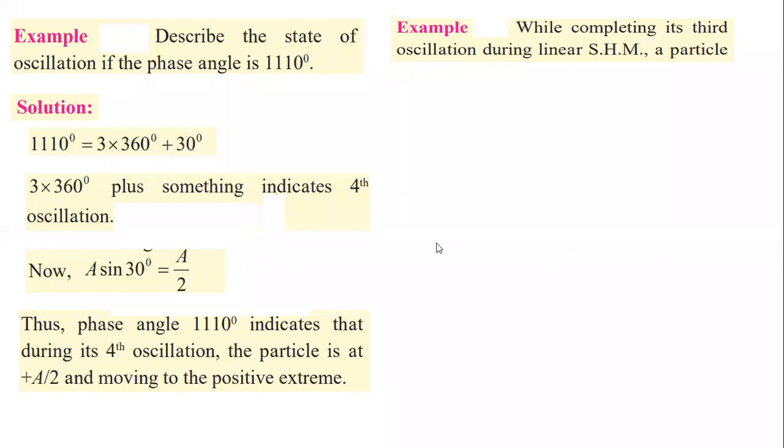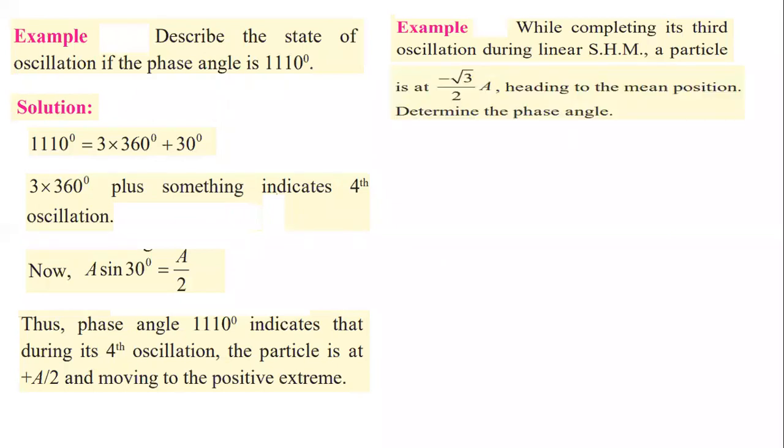Now next example: while completing its third oscillation during linear SHM, a particle is at minus root 3 by 2 A, heading to the mean position. Determine the phase angle. Let's see the solution.